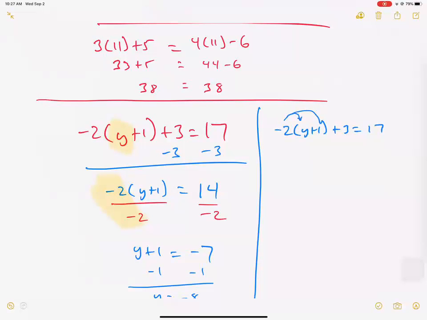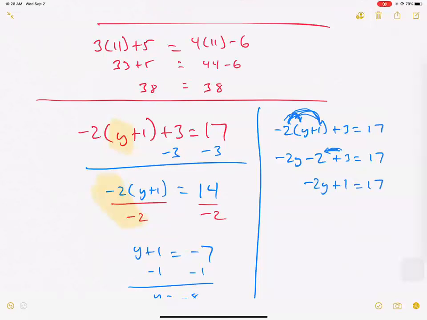When I distribute the negative 2, you should end up with negative 2y minus 2. Just to repeat, negative 2 times 1y is negative 2y, and negative 2 times 1 is negative 2. Now here, we could combine: what is 3 minus 2? 3 minus 2 is 1.